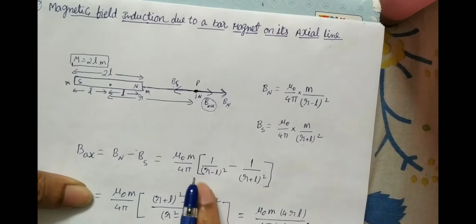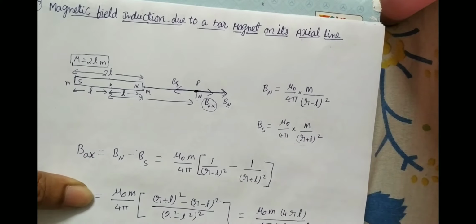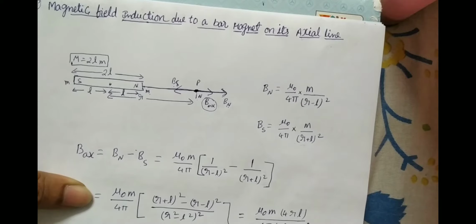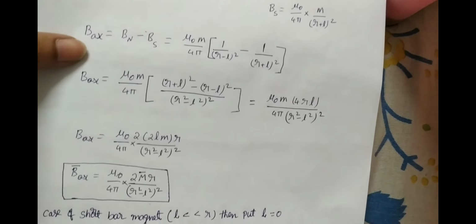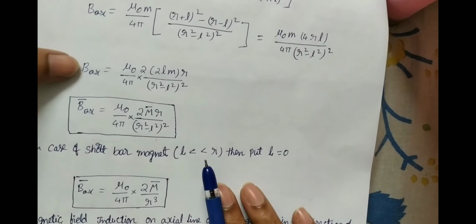Make it LCM, and you get mu naught m by 4 pi, r square minus L square, whole square in the denominator. The numerator is in the format of a plus b whole square minus a minus b whole square, so we can write it as mu naught m 4 rL by 4 pi, r square minus L square whole square.